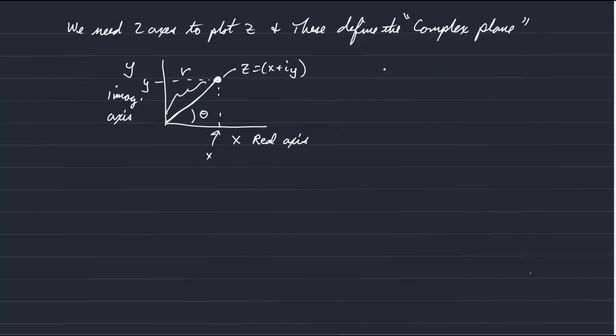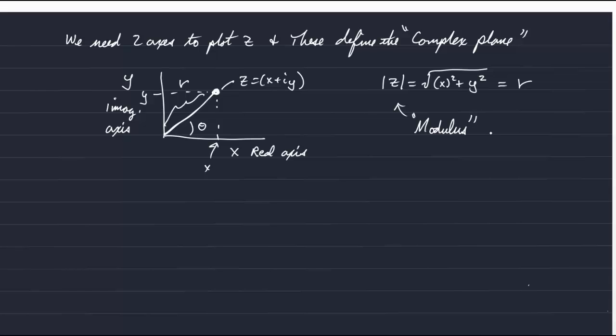And also, I'd like to define the modulus of z, which is equal to the square root of x squared plus y squared, and that's equal to r, the length of this arm. And so the modulus is a real number.